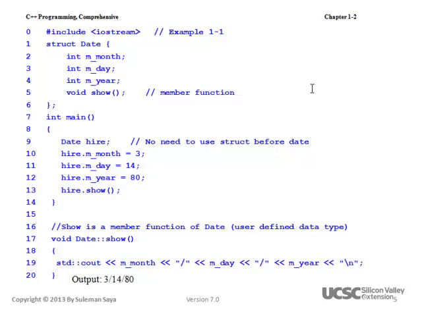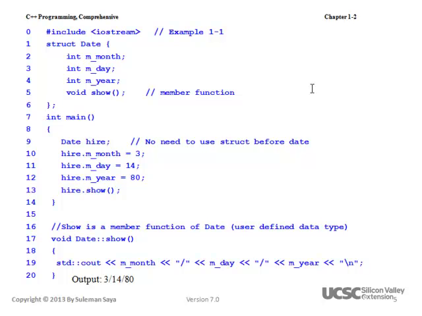So notice that starting with line number 2, I have the member declared, a month. Okay, that is a data member within this structure. Okay, and I have declared it as type integer. I use the built-in data type.